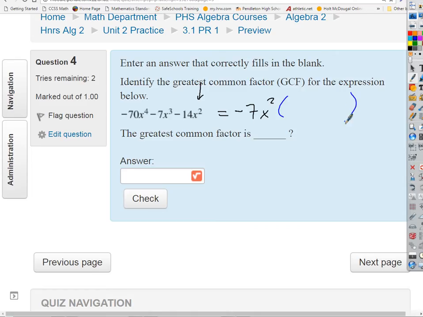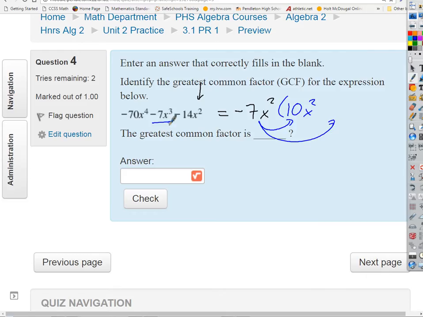If we were actually factoring this expression, which is why we would find out what the greatest common factor was, what would we end up having left over when I undistribute the negative 7x squared? Well, negative 7x squared times what is negative 70x to the 4th? Negative 7 times positive 10 is negative 70, and x squared times x squared is x to the 4th. Negative 7x squared times what is negative 7x cubed?